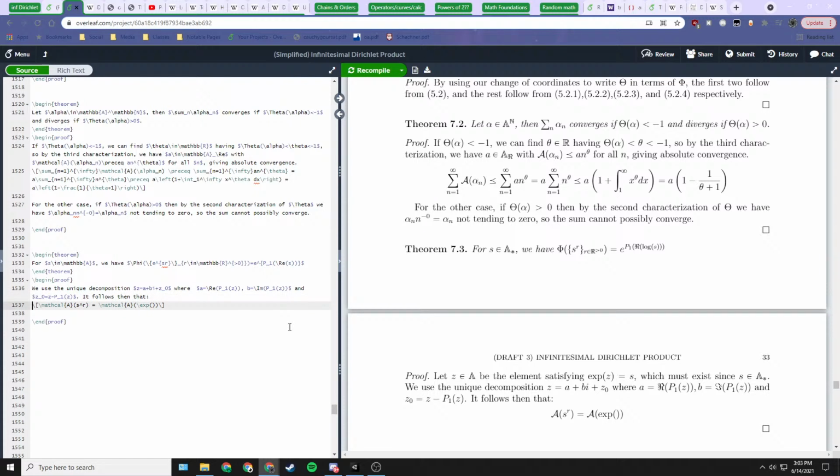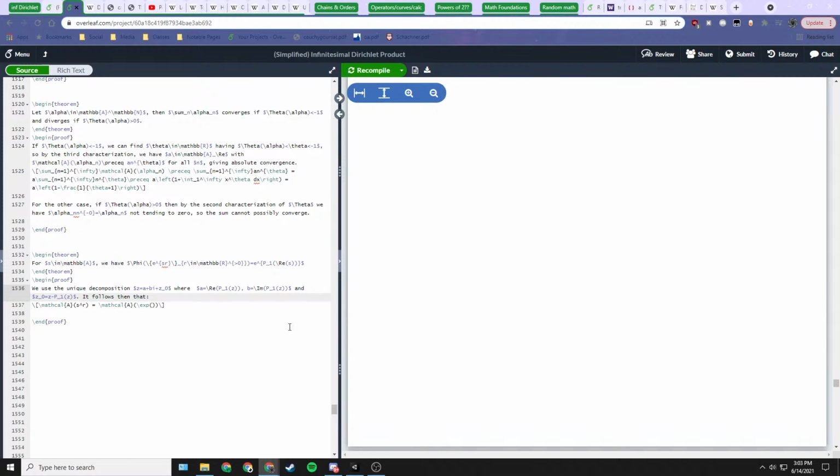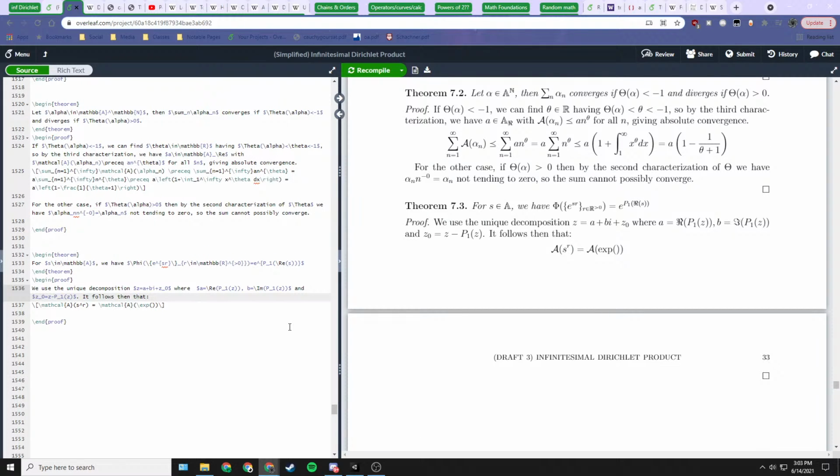Okay, we use the unique decomposition Z equals A plus BI plus Z0. And instead of Z0, we'll do S0, since we're doing this variable scheme now.